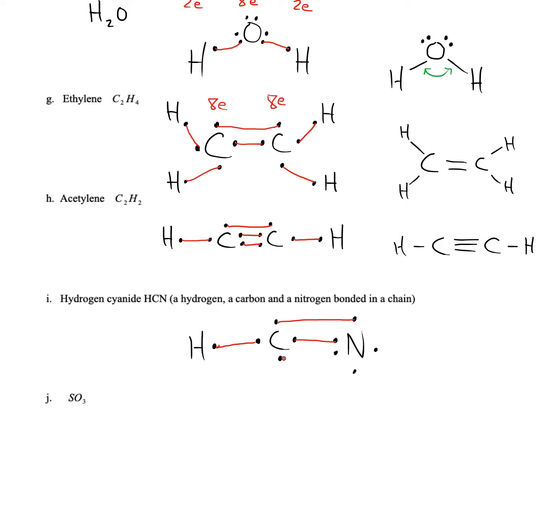So we'll try to bond it one more time. And that ends up working out here. So we're going to have hydrogen with a single bond to carbon and then a triple bond with nitrogen. There is going to be a lone pair, which is expected to go opposite the other electrons. So that would be a good drawing there of it.